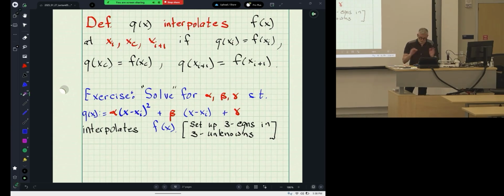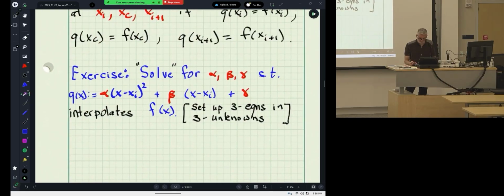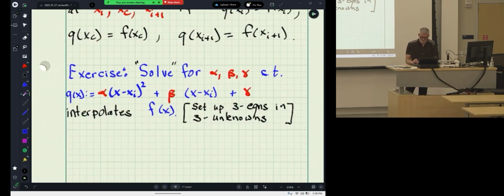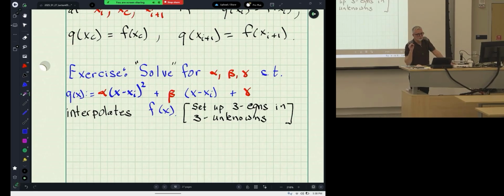Okay, so just work it out on a sheet of paper. We'll go through the answer, but we want to see if you can do it, because in homework 3, you get to do the cubic version of this. It's called Simpson's 3/8 rule. Okay? So it's the next level version of Simpson.